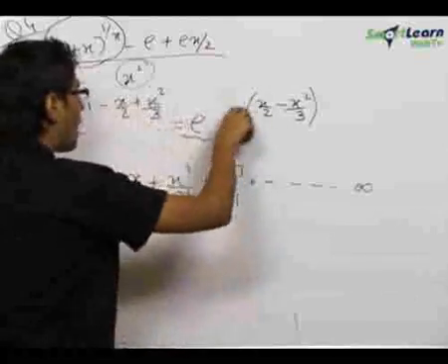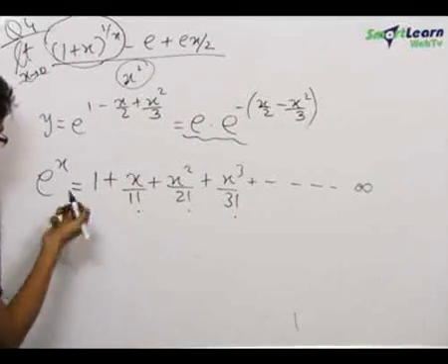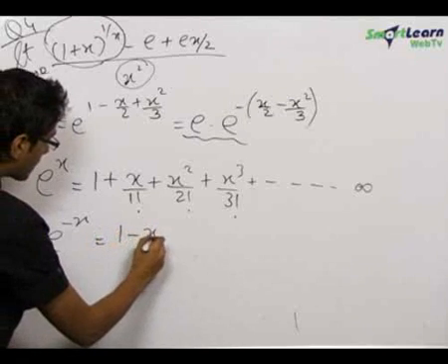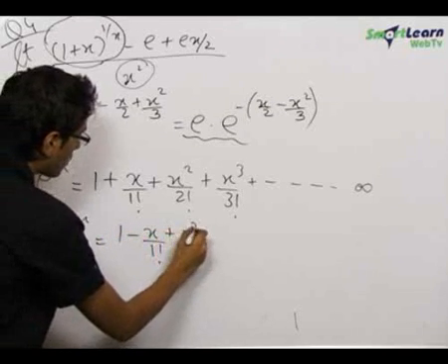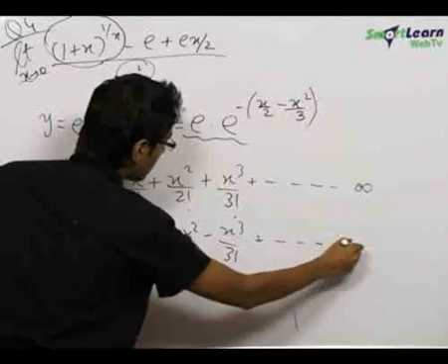Here we have an e power minus x type of term, so it is very easy. We put x equals minus x to get 1 minus x upon 1 factorial plus x square by 2 factorial minus x power 3 by 3 factorial and so on.